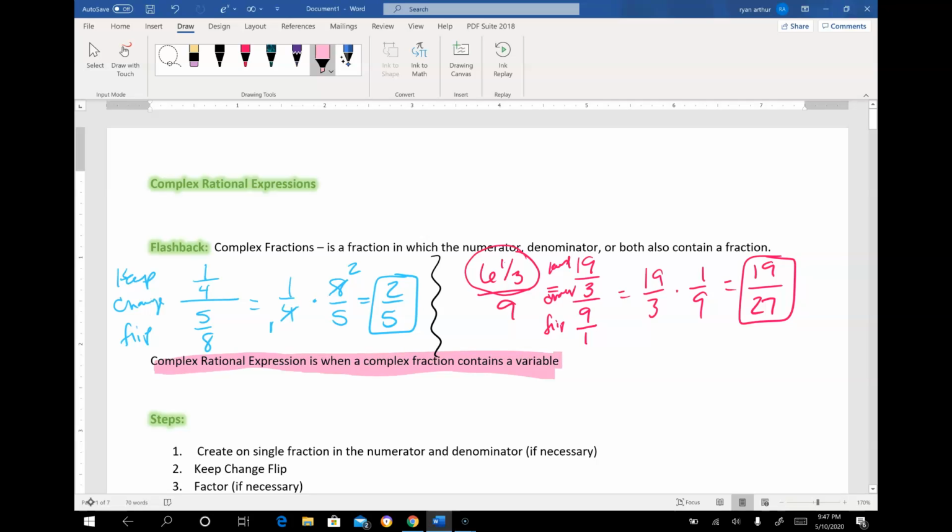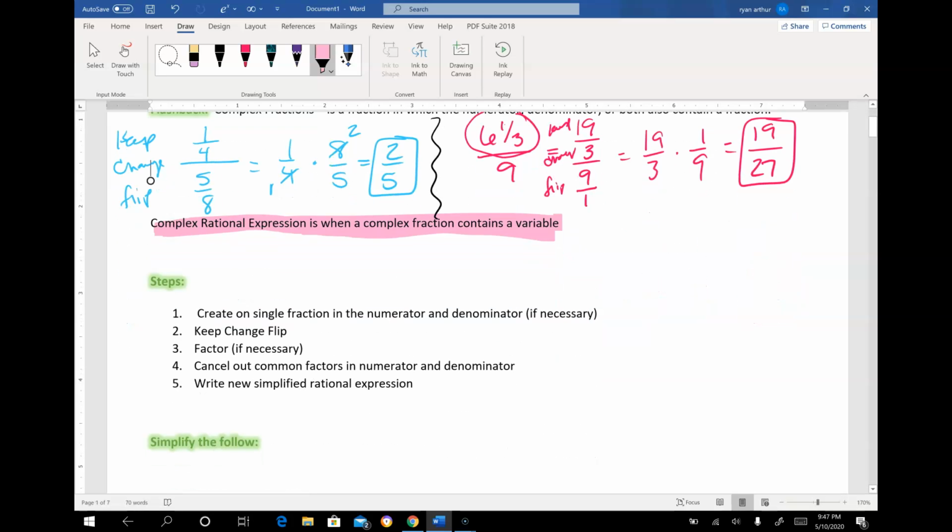So it's when these guys have letters with them. Steps: Step 1 is create a single fraction, like we did up there. You might have to get like denominators and combine some stuff, if necessary. Then you're going to do your keep, change, flip, factor if necessary, cancel out common factors, and write the new simplified expression.